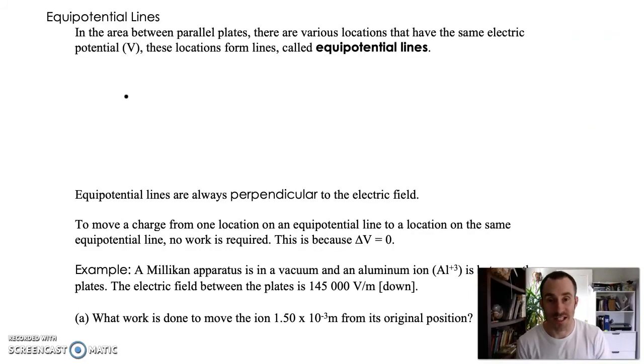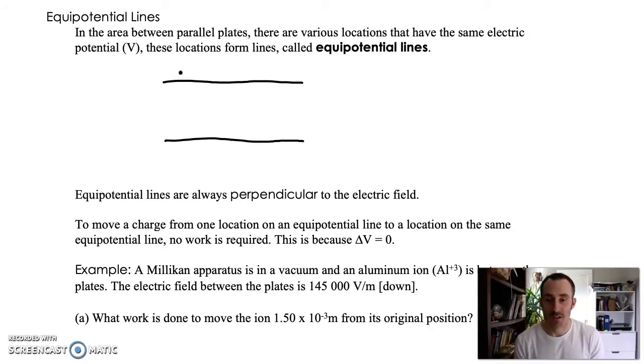Before we move on to an example or two, I want to point out one more thing about voltage or potential difference. Let's say we have two charged plates. There's the top one, here's the bottom one. We're going to call the top one the positive and the bottom the negative, but for our purposes this doesn't really matter at all. And our electric field then is going to point from positive to negative. There's our electric field.